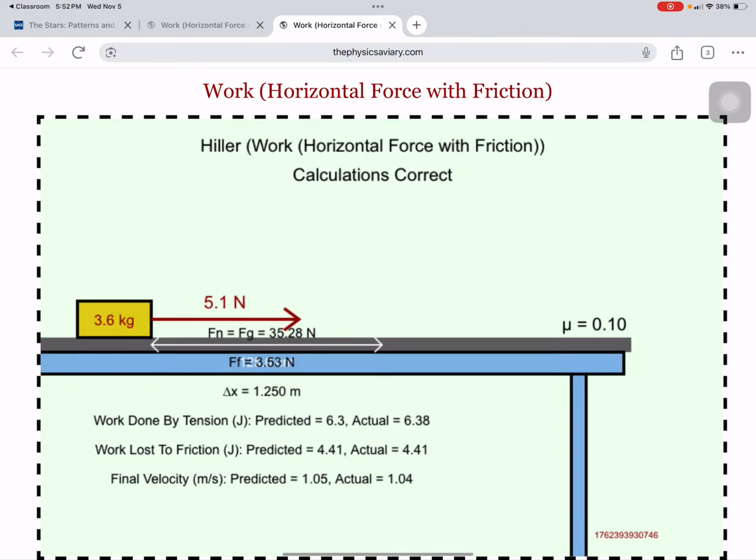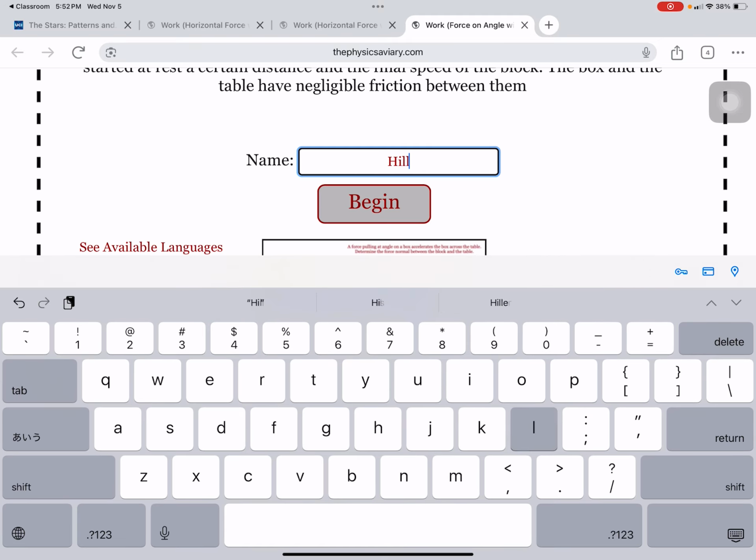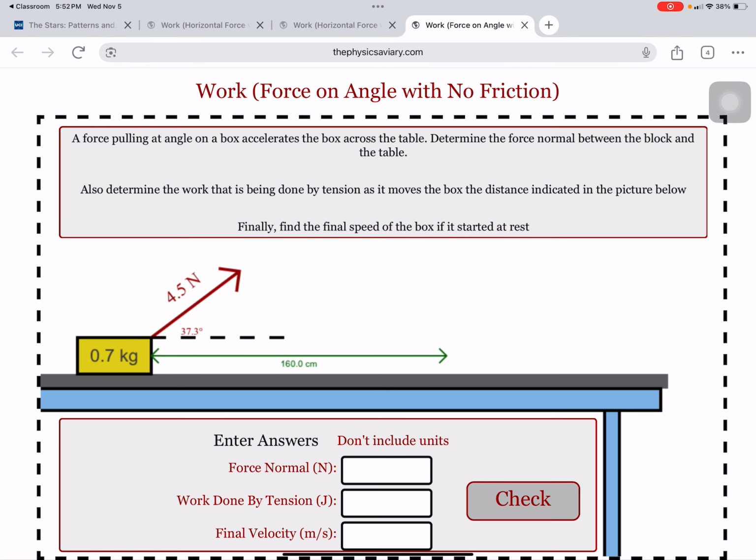Question 3 is force applied at an angle. No friction on the tabletop. So let's draw.